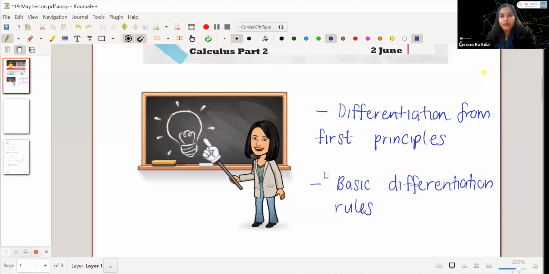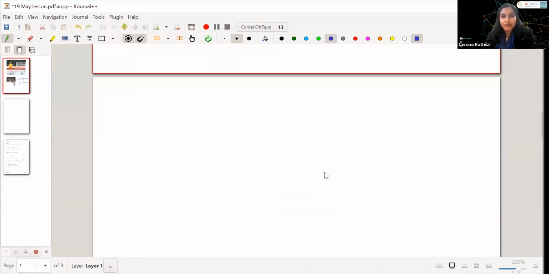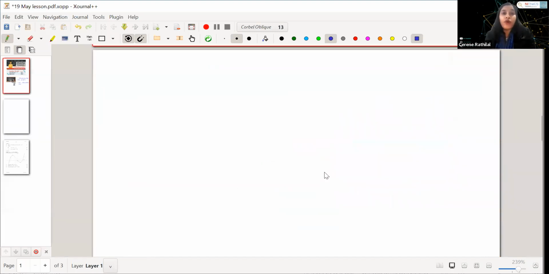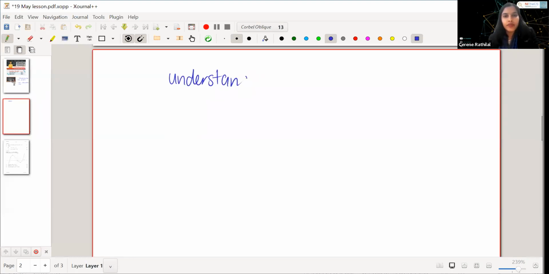To begin, in order for us to talk about differentiation, what we need to do is have an understanding of limits. So have you covered limits in class already? I'm assuming that you would have, since you started calculus, isn't that so?